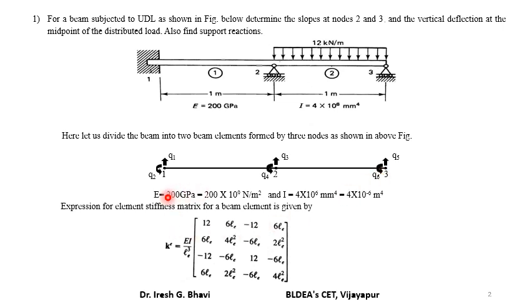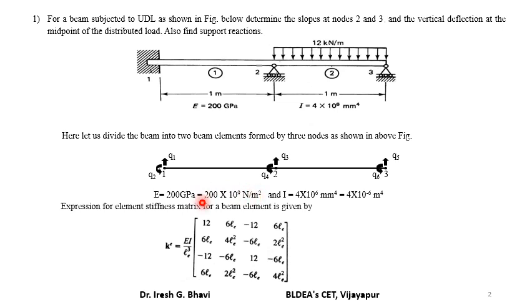Whenever we are solving a problem we should be consistent with the units. So whatever unit we start using in the beginning, we have to convert all the other parameters or variables to the same units. For example, here E is 200 gigapascal. I am using all forces in newtons and all lengths in meters, so E should be in newton per meter square.